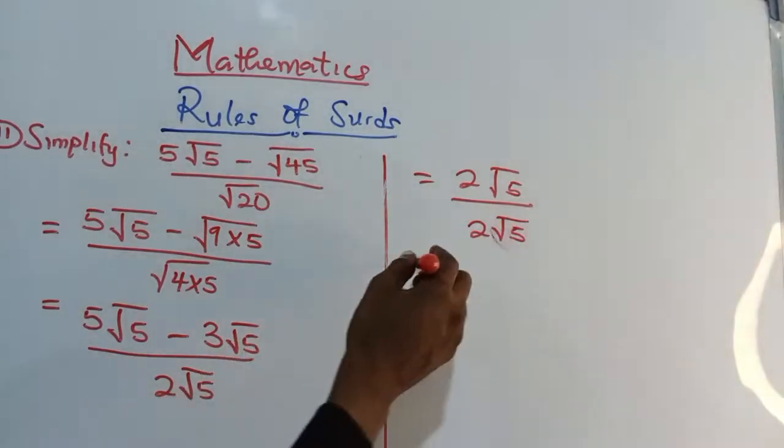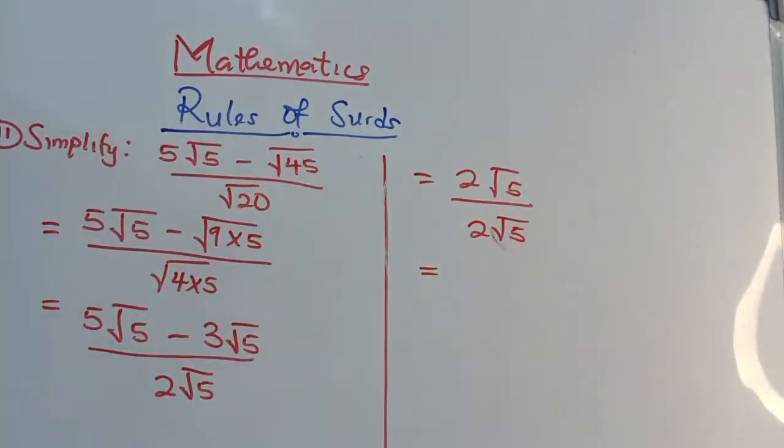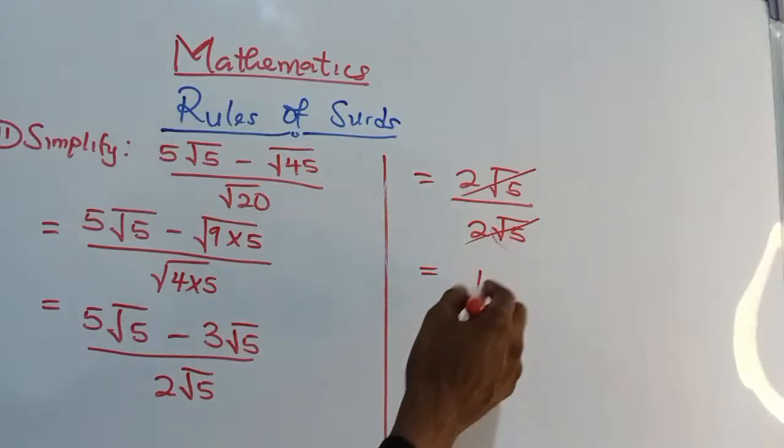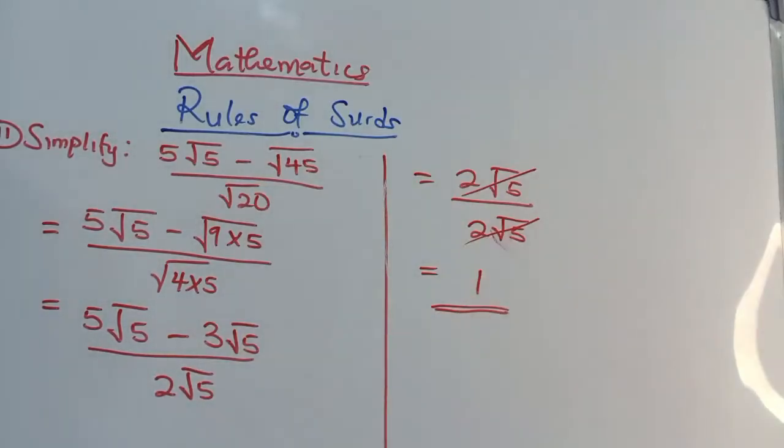Now, 2 root 5 over 2 root 5 will give us 1, because everything here will cancel everything here, and what we have left is 1. So 2 root 5 over 2 root 5 gives 1, and that's the final answer. So when we simplify 5 root 5 minus root 45 over root 20, the answer we have is 1.